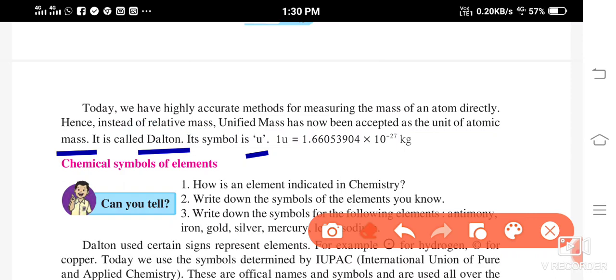So 1 Dalton is equal to 1.66053904 into 10 to the power of minus 27 kg.